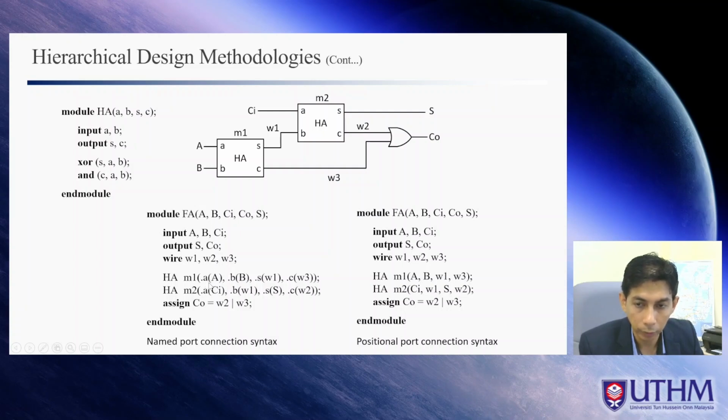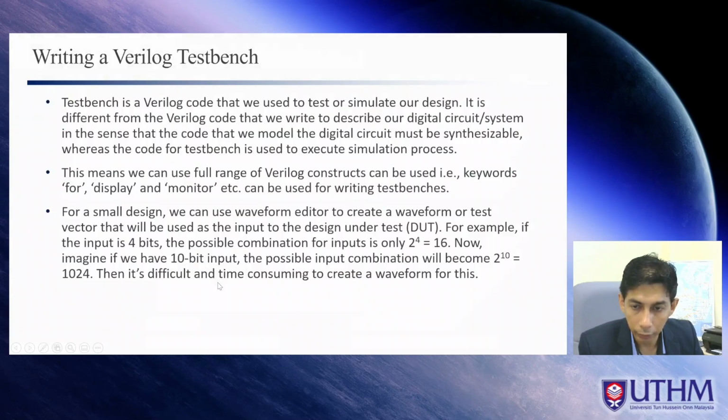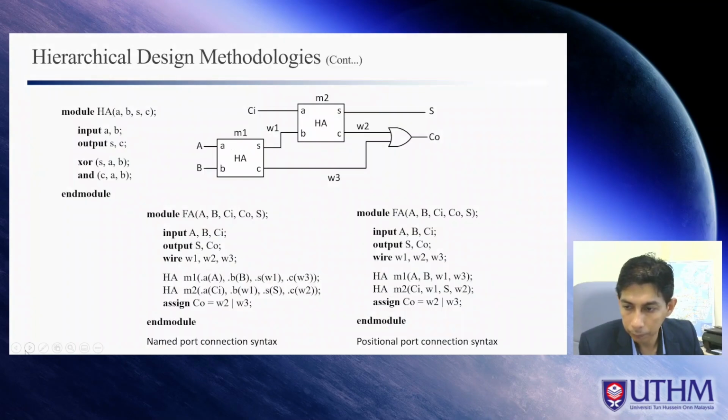All right. So, for example, we want to connect this A to this A in our previous module. So what we need to do is dot A, bracket A, means that this one is connected to this one.